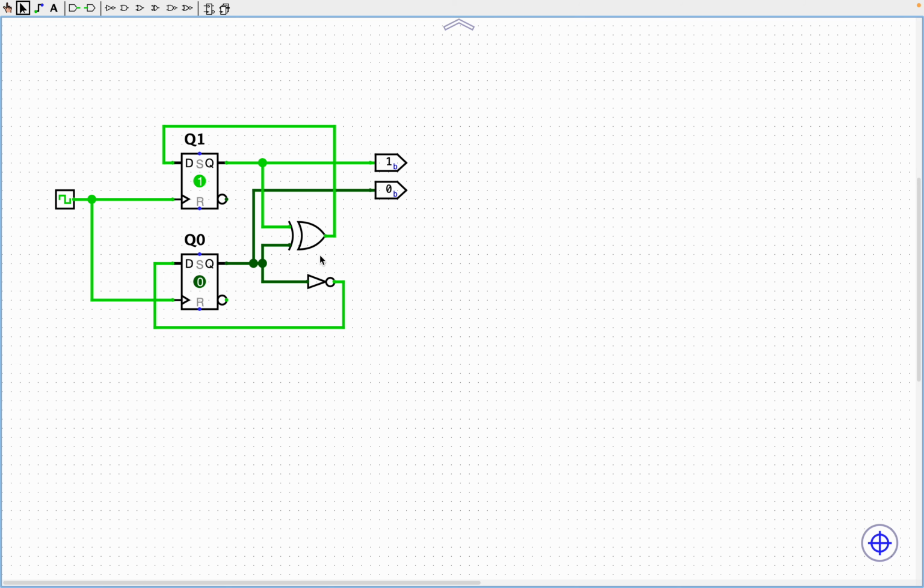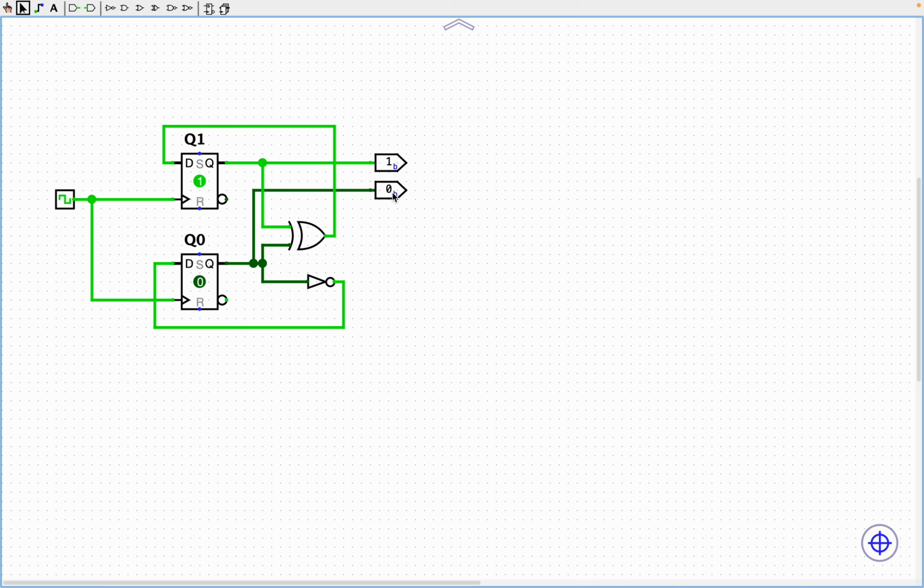And then for the Q0, I wired it to the second input of the XOR gate for the Q1 XOR Q0 equation that we got. And then I also wired it to a NOT gate to compute the NOT Q0.